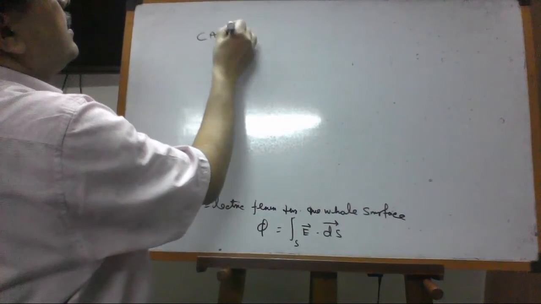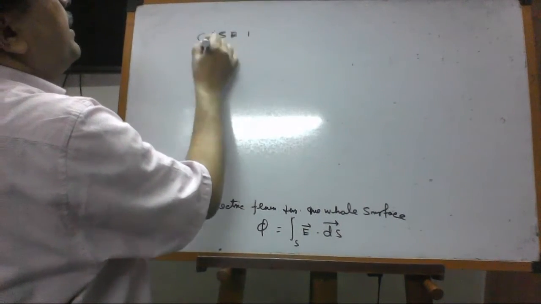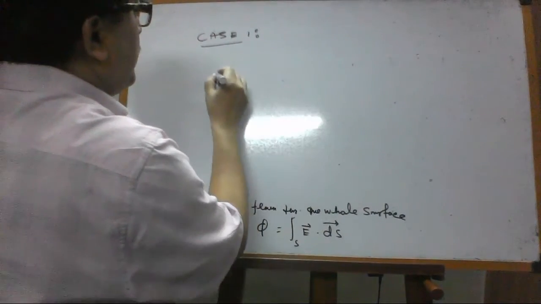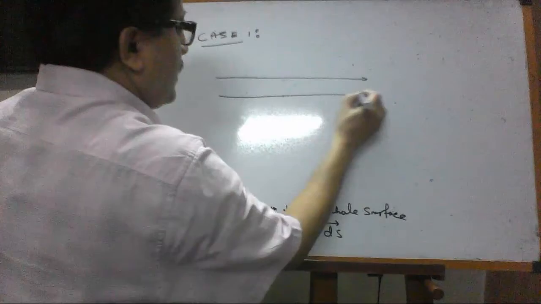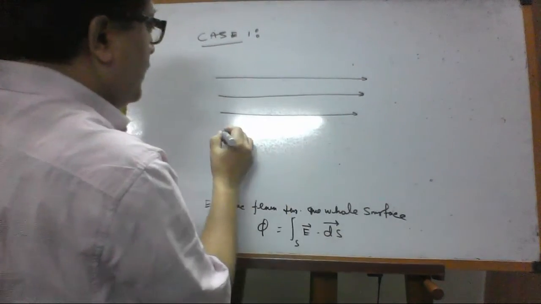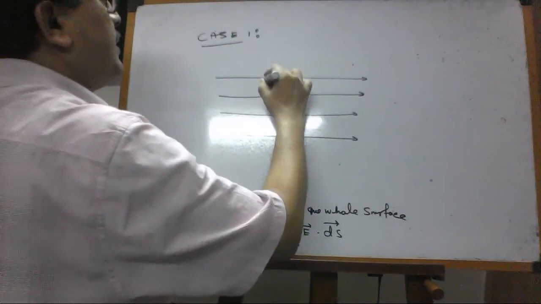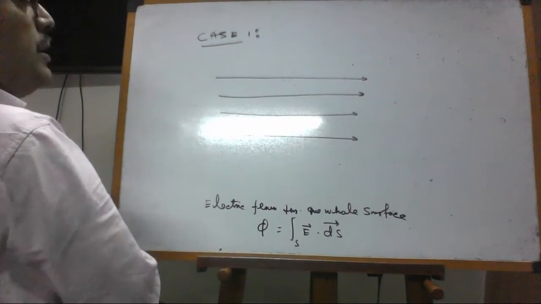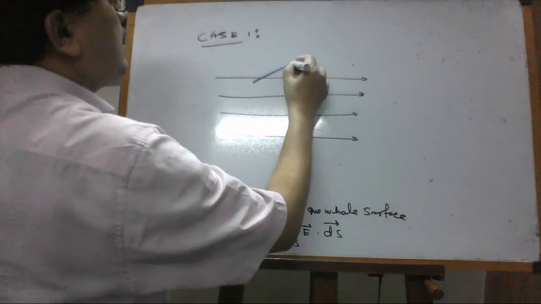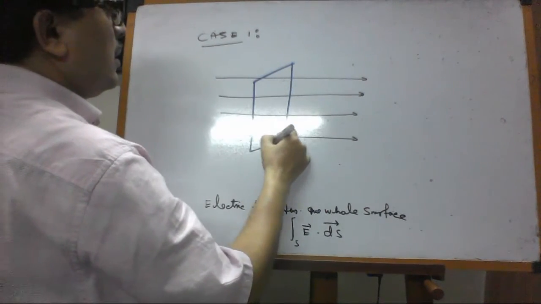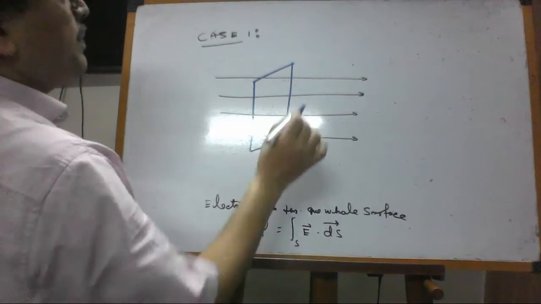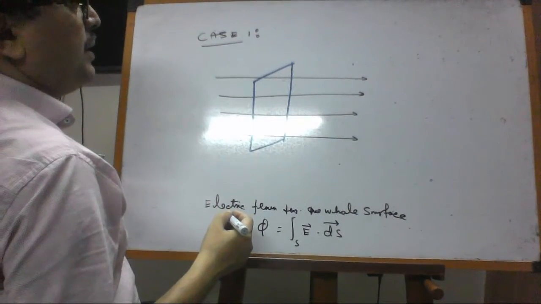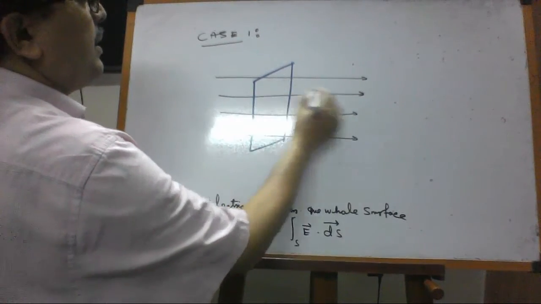Case 1. Let us find electric flux if we keep an area in this manner, which is normal to the direction of lines of forces. So this area here, area vector is directed in this direction only.